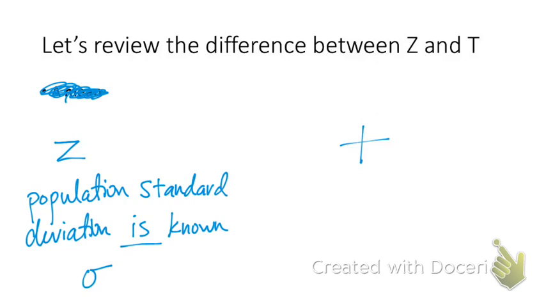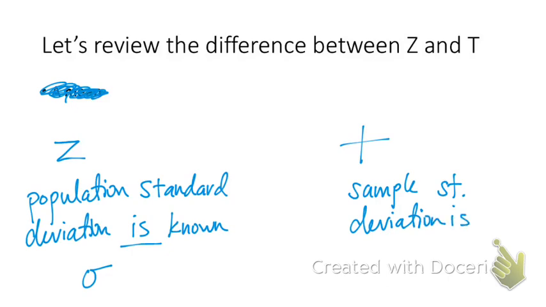If we're talking about T, they're going to give us the sample standard deviation. And that's the symbol S. So if that standard deviation is attached to the population, that is going to be considered Z. Sometimes it has this symbol, and most of the time it does, but I have a few examples in here where it's not.